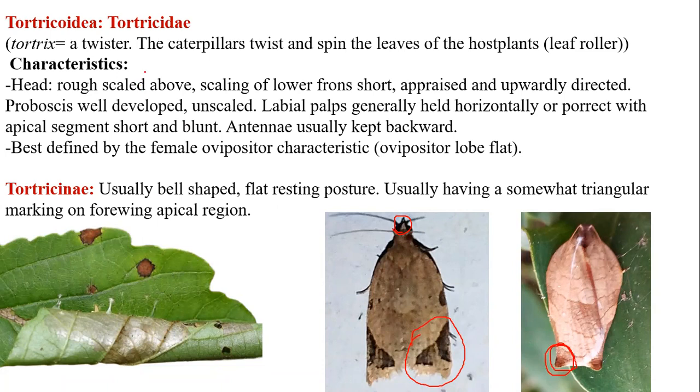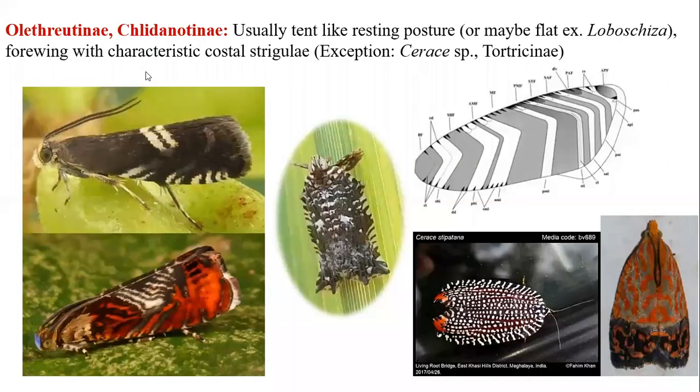Now, the next two subfamilies, Olethriutini and Clidanotini. Identifying these two subfamilies is not easy at all, because we need to understand several things, and we need to spend many hours at field and with books and all literature to make a distinction between the two subfamilies.